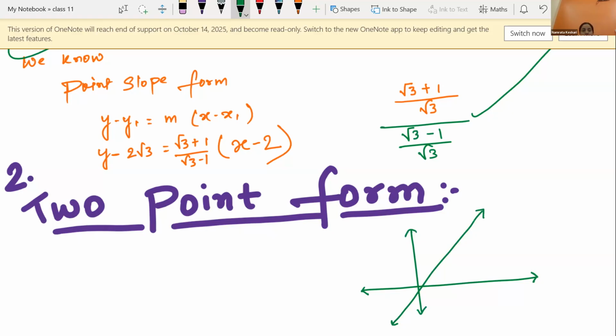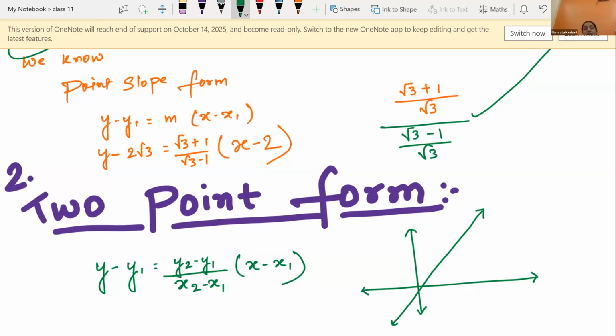As the name says, two-point form. So when two points are given, we will use this formula: y minus y1 is equal to (y2 minus y1) by (x2 minus x1), in bracket x minus x1.